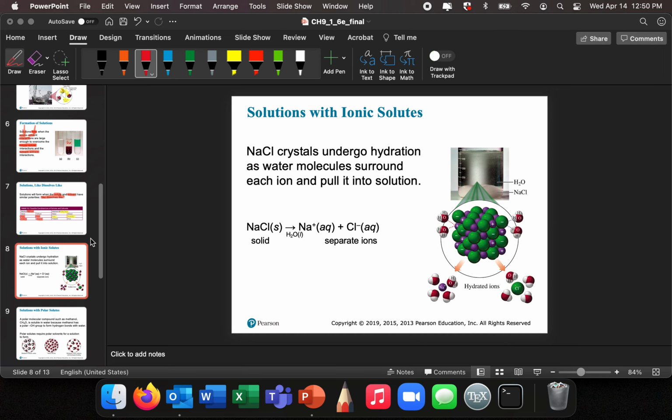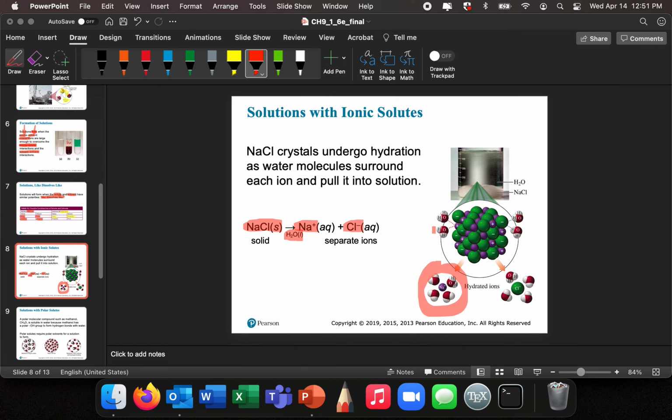All right, so let's talk about solutions with ionic solutes. If you have salt, for example, sodium chloride, that's ionic, right? It breaks up into sodium plus and chloride minus. Well, if you add water to this, which is what this little thing down here means, the water molecules say, look at this, see the water molecules surrounding the sodium particle? They're like, no problem, I've got charge here for you, right?